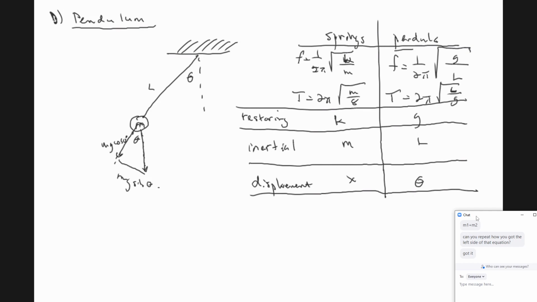So this is the new one. The other way I like to remember this, there's a nice mnemonic to remember your springs and pendulum systems. When you think of springs, I think of a whack-a-mole game. It goes up and down, up and down. So I remember the mnemonic "whack 'em."